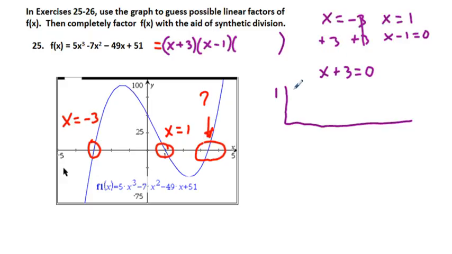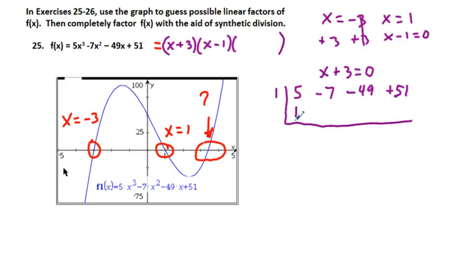So we have 5x cubed, minus 7x squared, minus 49x, plus 51. And that's one way we know if we've chosen correctly, if it comes out with no remainder.